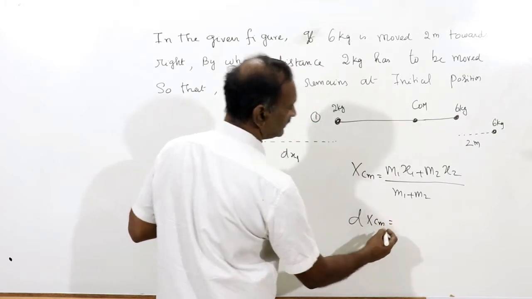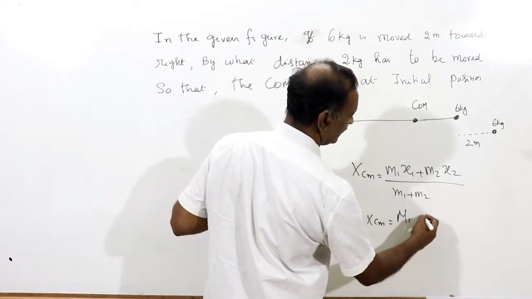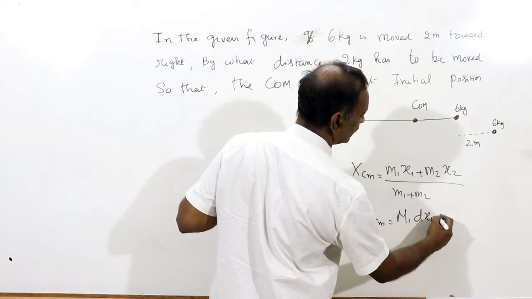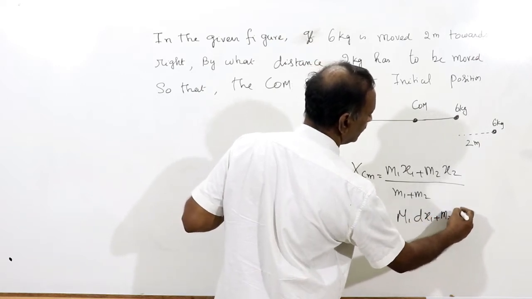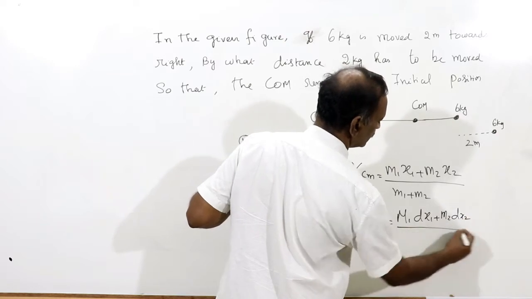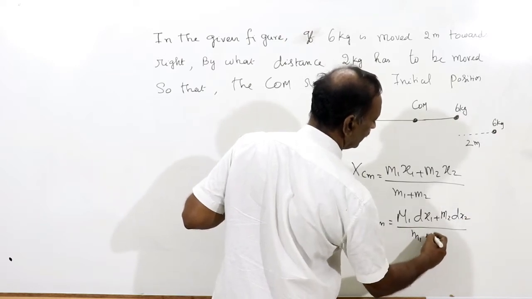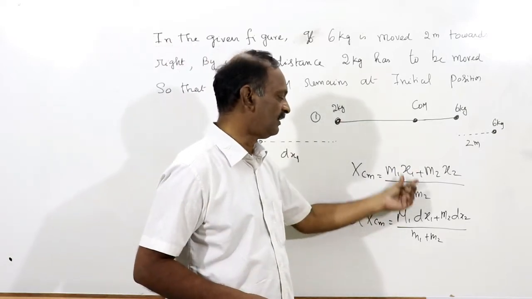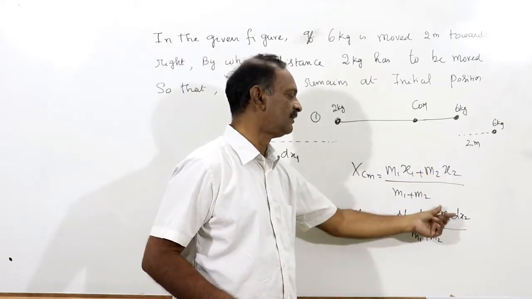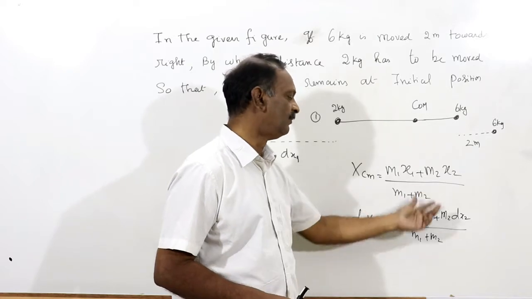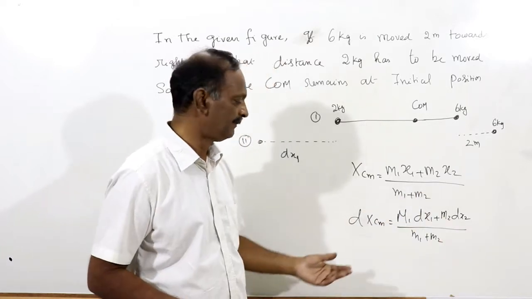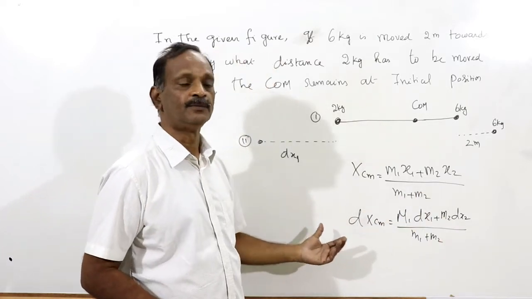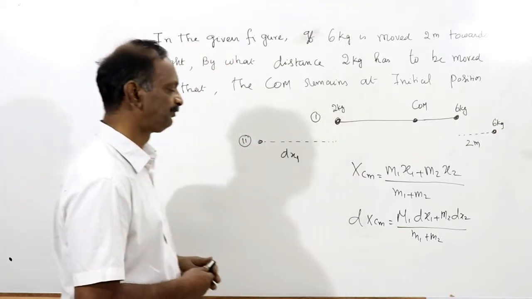dxcm is equal to (m1 dx1 + m2 dx2) divided by (m1 + m2). dx1 means x1 is moved through a small distance, x2 is moved through a small distance. If both are moved, dxcm will also move through some distance.